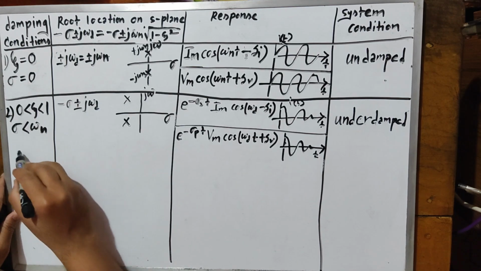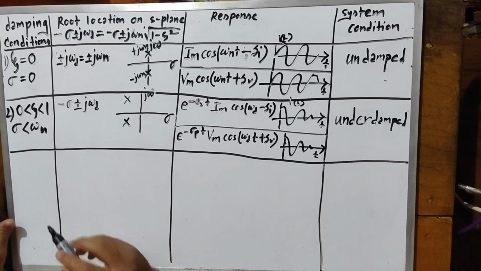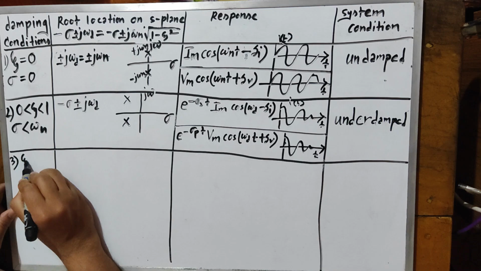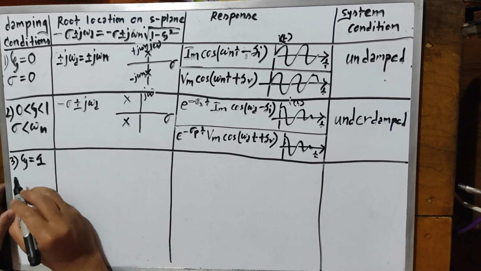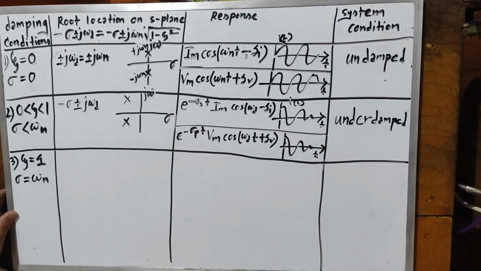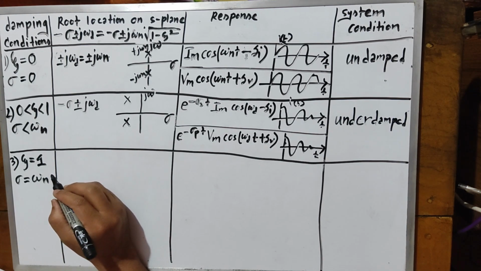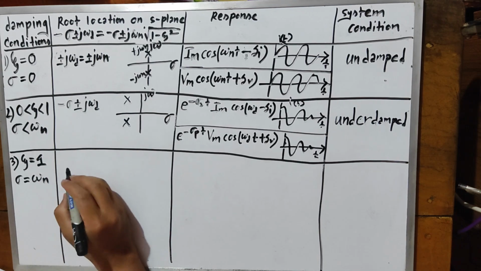Now for the third case, if the damping ratio becomes equal to 1, what will happen? The Napier frequency will be equal to the natural frequency of the system, for this case an RLC circuit. For this, the roots are equal and on the left half side.